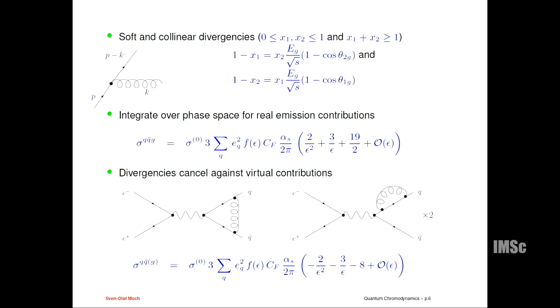If you look back at this process here, and you were parametrizing, if you took a massive quark here, the momenta in the same way as I've done here, then you would see that the mass of the heavy quark would basically put a small factor, the mass of the quark over the quark energy, in front of the cosine here.